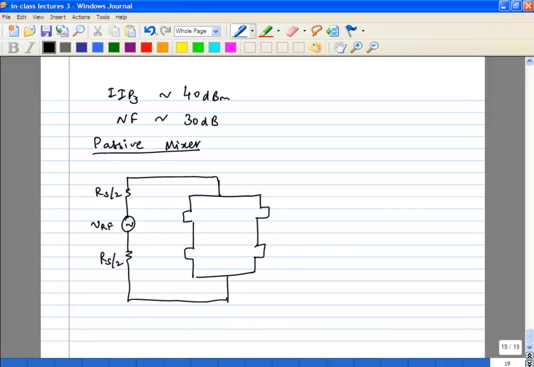So this is a double balanced passive mixer, okay. And then you're going to take the output across a capacitor CL. Okay. So what happens to this guy?